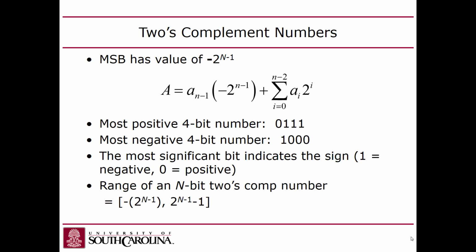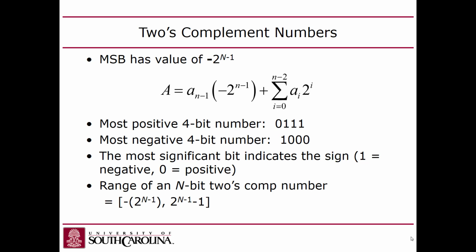When you do 2's complement, you go from negative 2 to the power n minus 1, where the minus 1, make sure you don't get confused here, is part of the exponent, less than or equal to the value, which is less than or equal to 2 to the n minus 1 positive, but then now we have to add an extra minus 1 that is applied to the whole value.